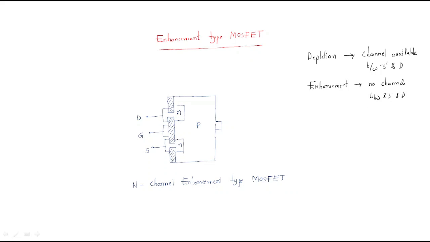That means the channel should be generated between this source and drain. By using that channel, we will operate the MOSFET. That's why the title is enhancement type MOSFET.